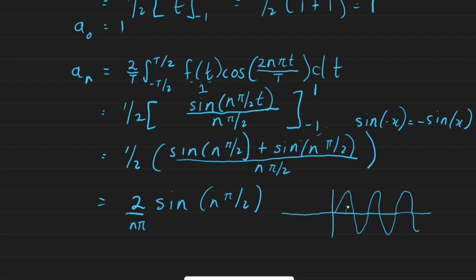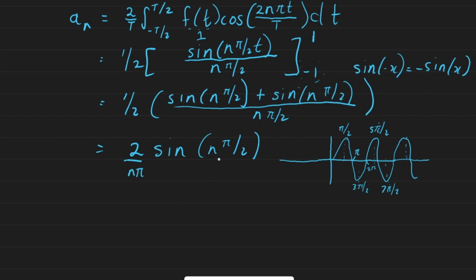So that's pi over 2, this is 3 pi over 2, that is 5 pi over 2. So these are the x values, and that's pi, and that's 2 pi, etc. Seven pi over 2, and so on.